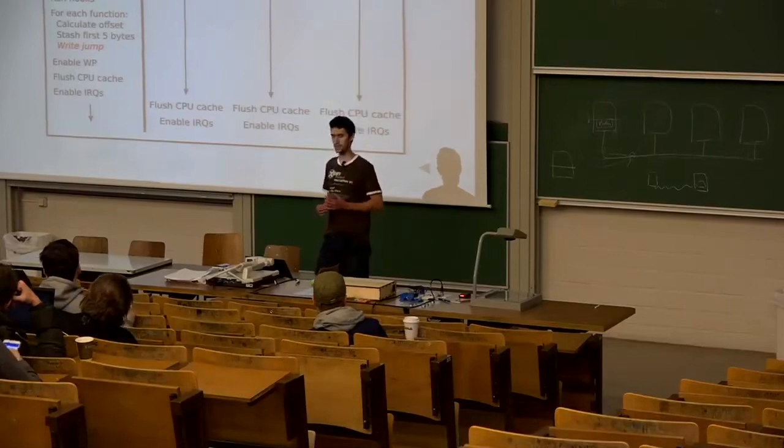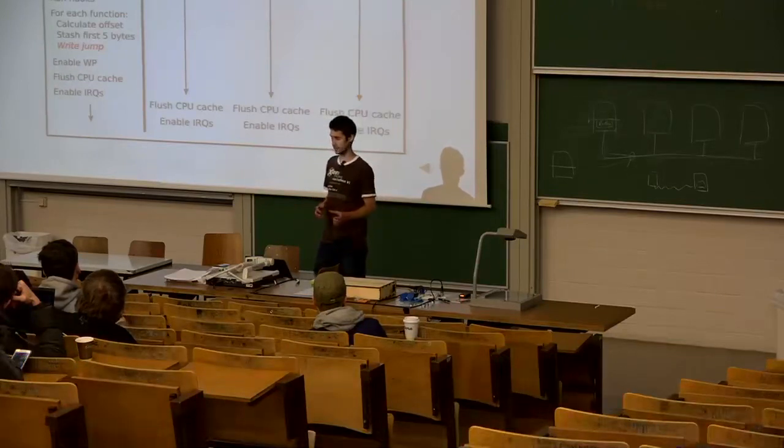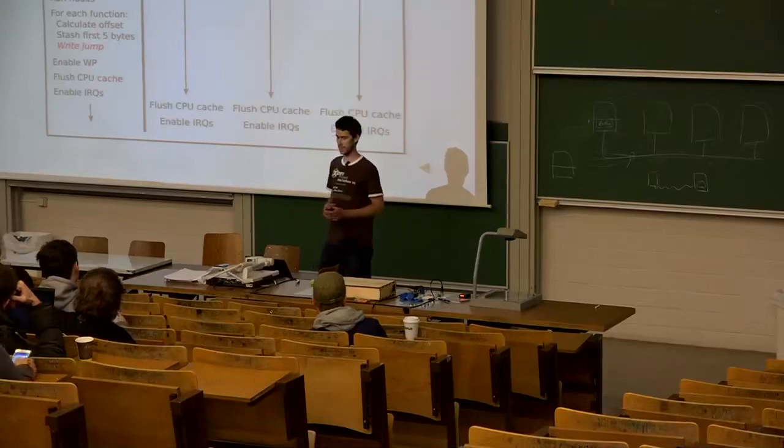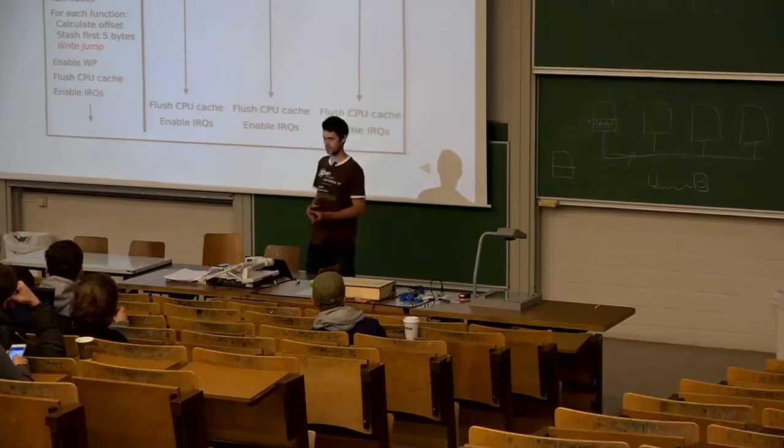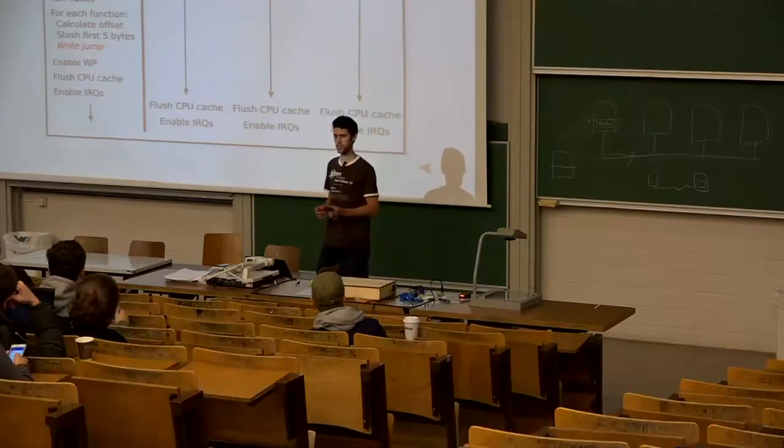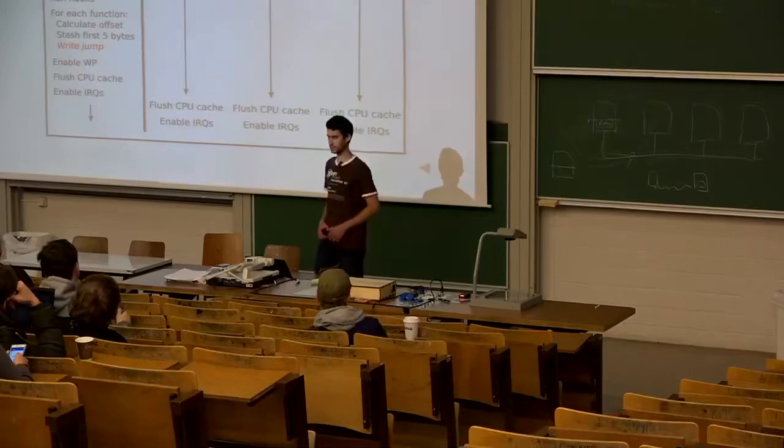But then for each function that needs to be replaced, we calculate the offset in memory between the existing function and the new function. Save the first 5 bytes of the old function in memory somewhere else, and write a 32-bit relative jump into the beginning of the old function, which directs it straight to the new function.